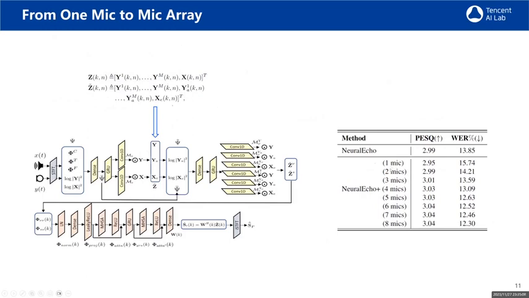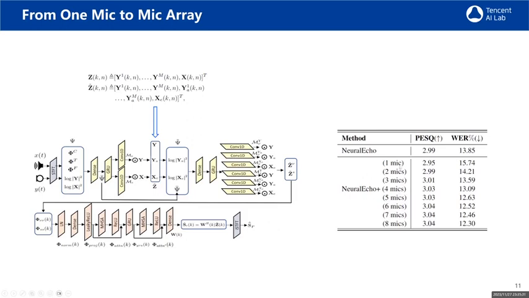In the training, we just use a placeholder for 8 channels, but for each training sample, we randomly zero out a random number of channels, such that after training, the model can support any number of input mics.